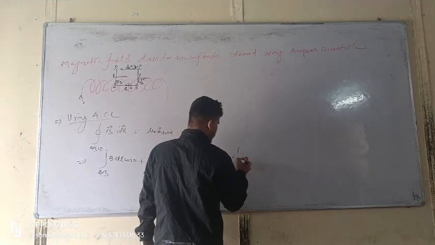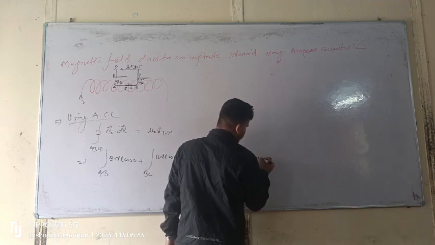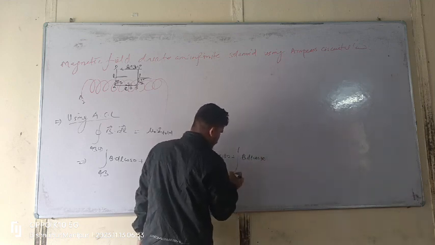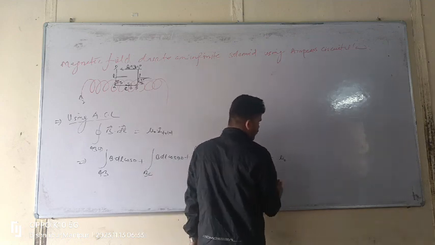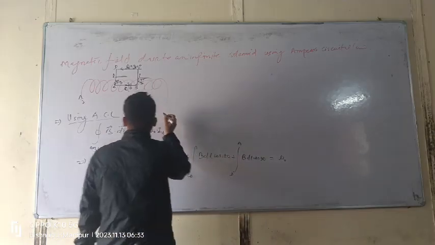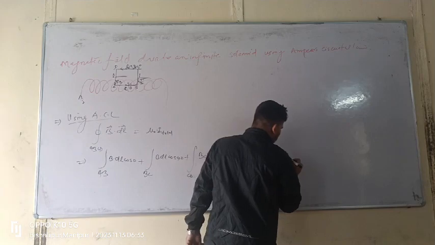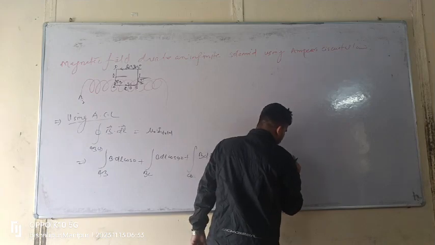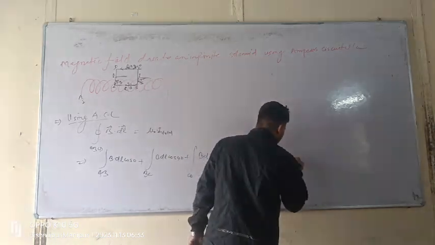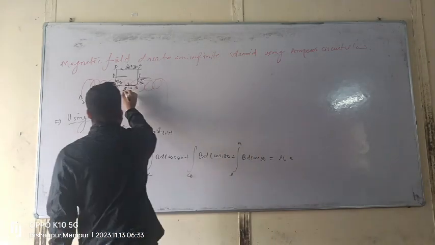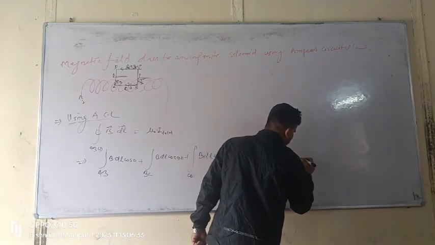Plus B dl cos 90 from DA. Equal to mu naught. How many terms are inside? Let's say n is the number of turns per unit length. Taking L length, it is n into L into I.